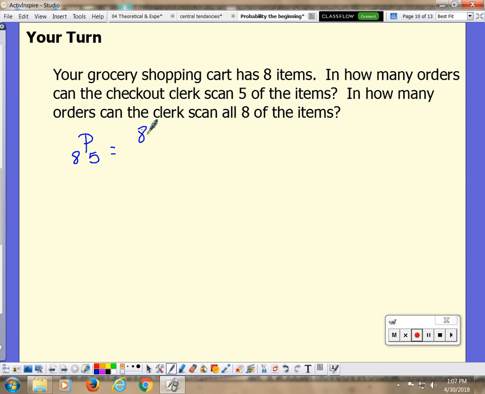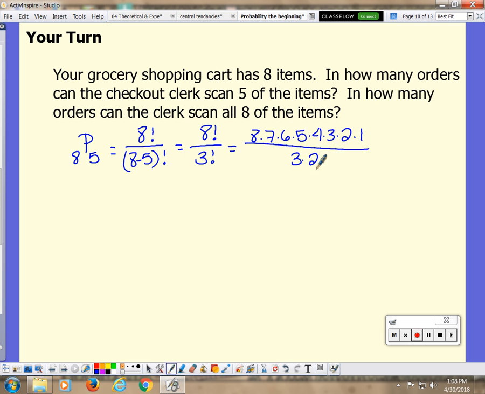That's 8 factorial over 8 minus 5 factorial, which is really 8 factorial over 3 factorial, which is 8 times 7 times 6 times 5 times 4 times 3 times 2 times 1, all over 3 times 2 times 1.